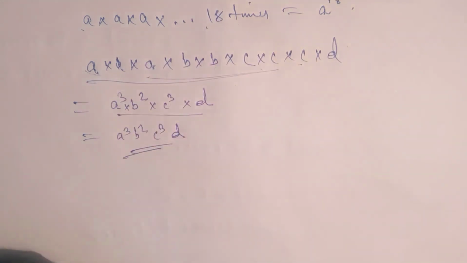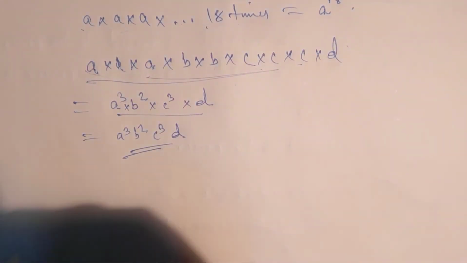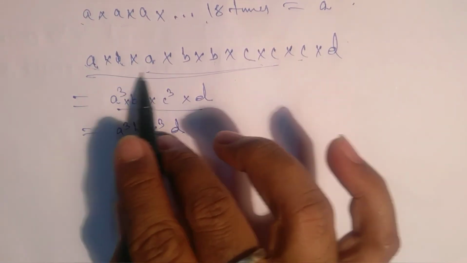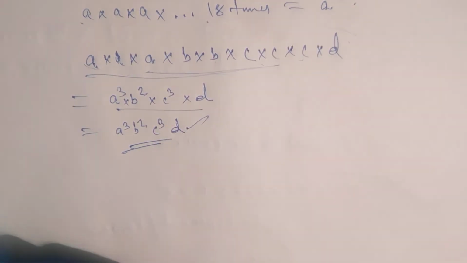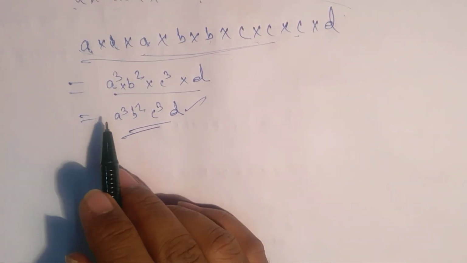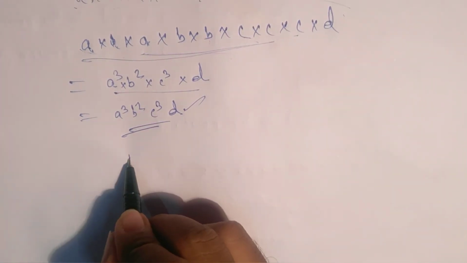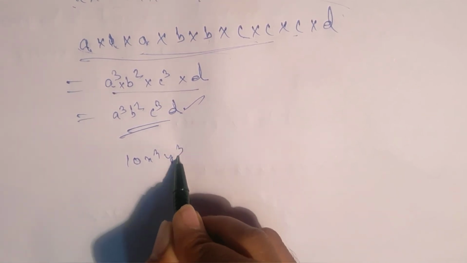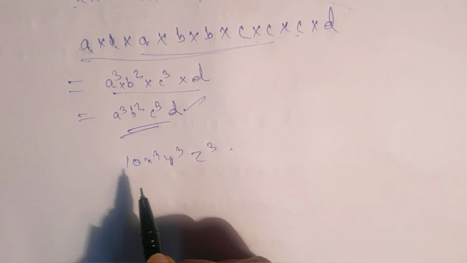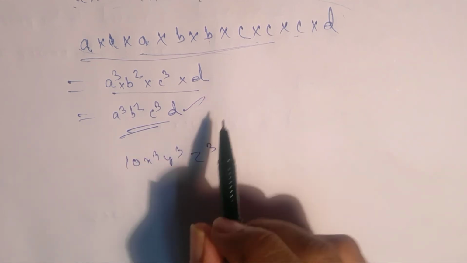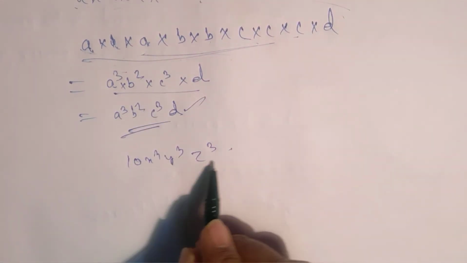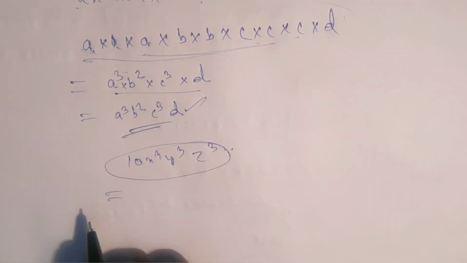Now you need to practice this more. Okay, this is your expanded form. We are converting into exponential form. Now a question will be given to you: x cubed y cubed z cubed, write it in product form. So you need to represent this exponential form as a product form. So how are you going to do it?